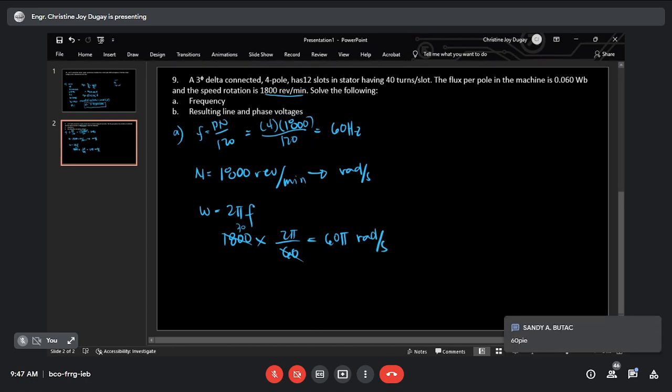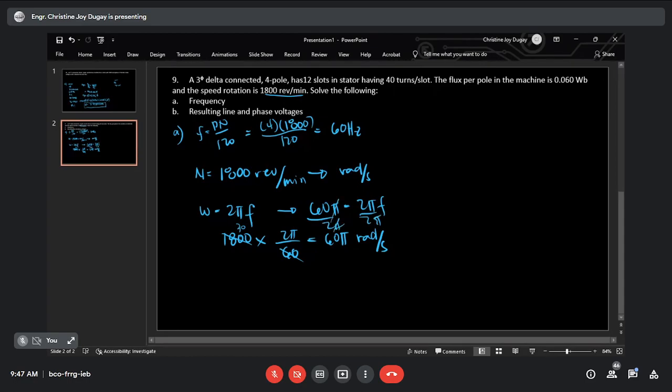And from this omega, omega po natin, that is equal to 2 pi F. So that is 60 pi and 2 pi F. So divide 2 pi, drop, maging 30. F natin is equal to 30.